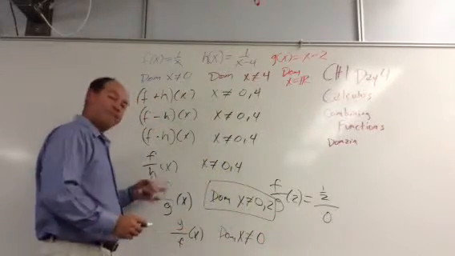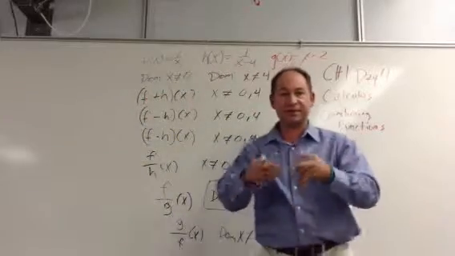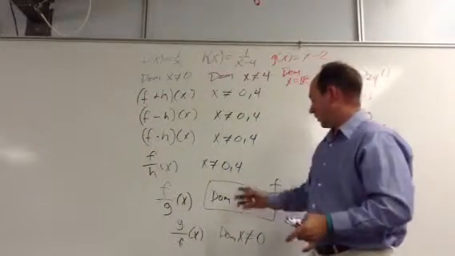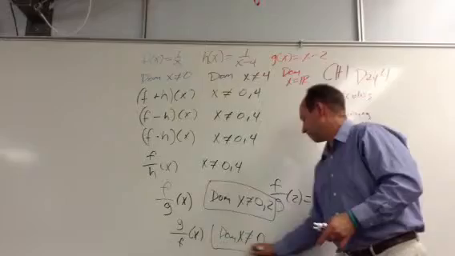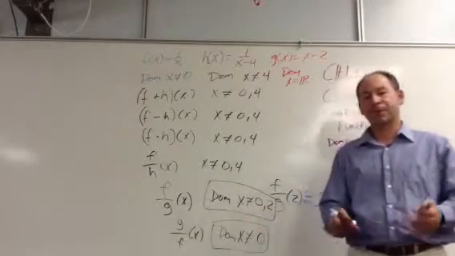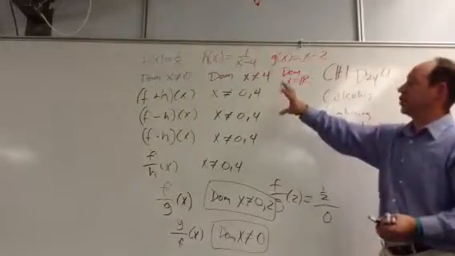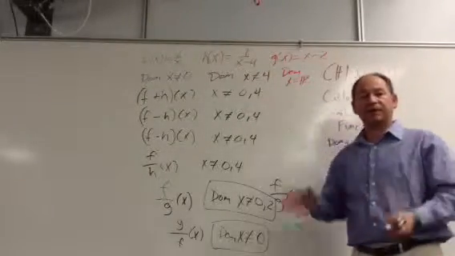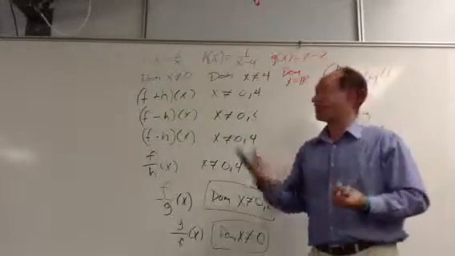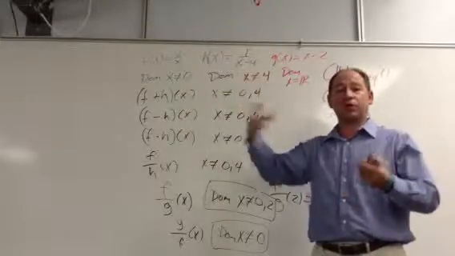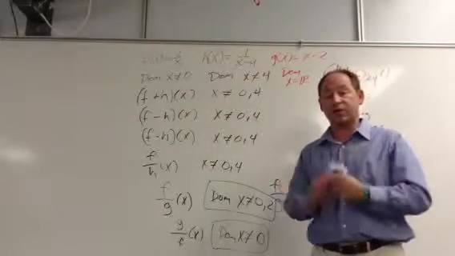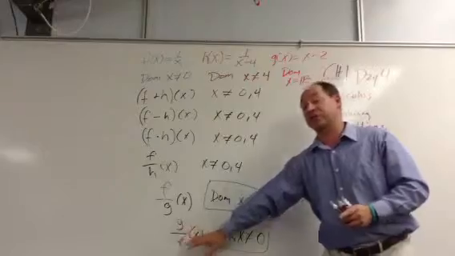So when I do division, because order is important, these answers will change. Hopefully that's clear that when I'm doing addition, subtraction, multiplication, and division, I just have to look at the two domains separately and say, it's got to work for both. As long as it works for both, that's in my domain. Except for division, where there's an additional restriction.